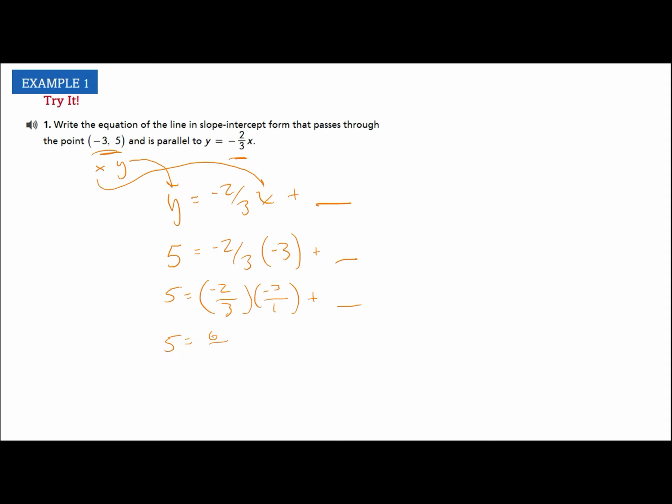That's 5 equals 6/3 plus 1, which is 5 equals 2 plus something. Subtract 2, subtract 2, and 3 is equal to b. So that means my equation was y equals negative 2/3 x, like we said we were going to start with, and then plus 3, because we got plus 3 right here.